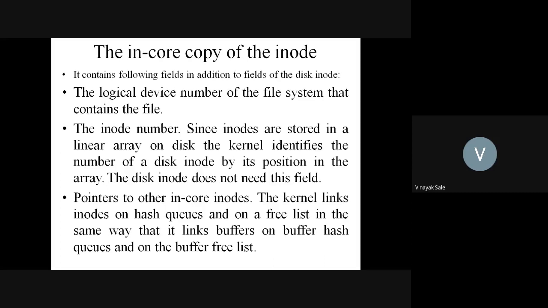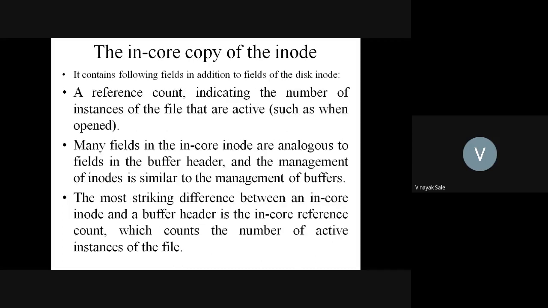As we have seen in the previous chapter, there is the buffer hash queue and buffer free list. Similarly, here there is the inode hash queue and inode free list, which point to the other in-core inodes.